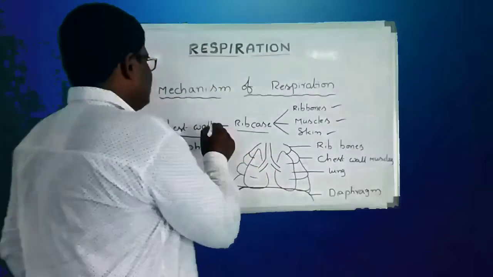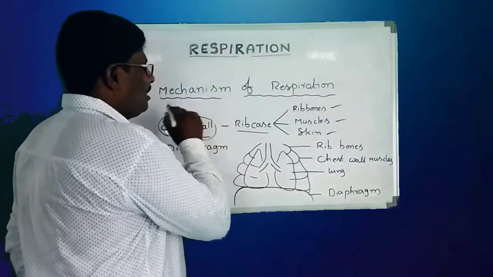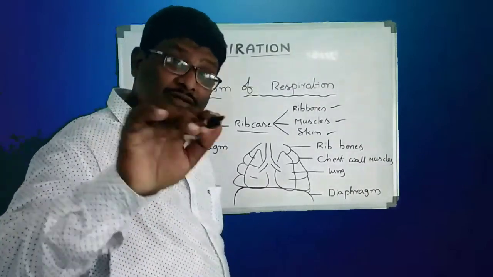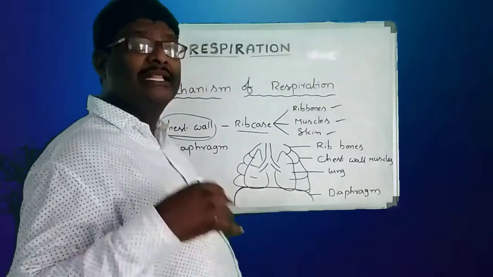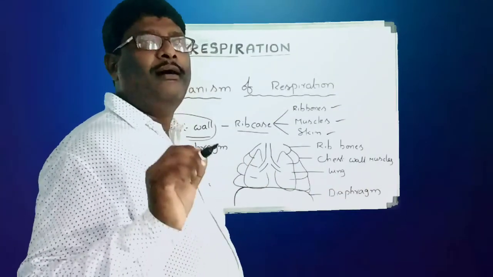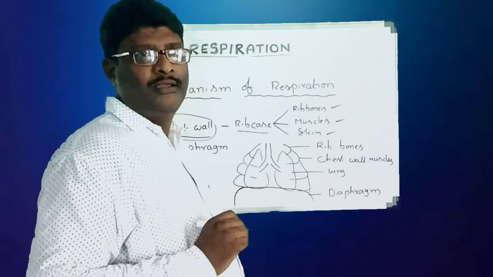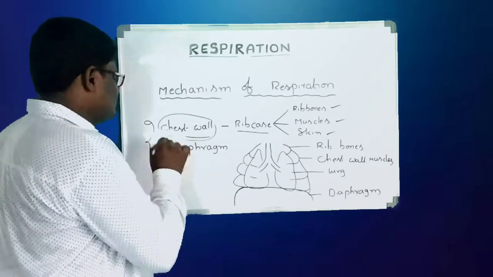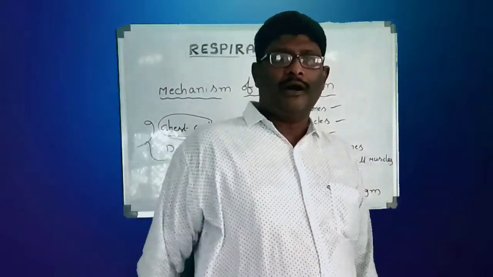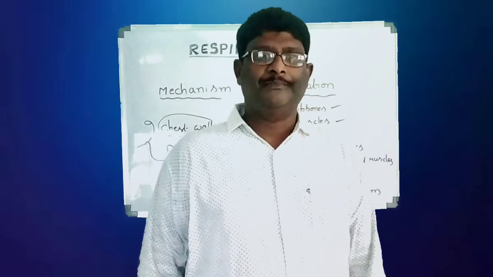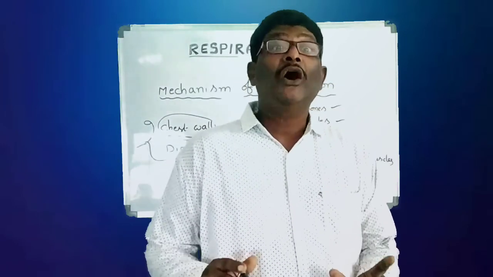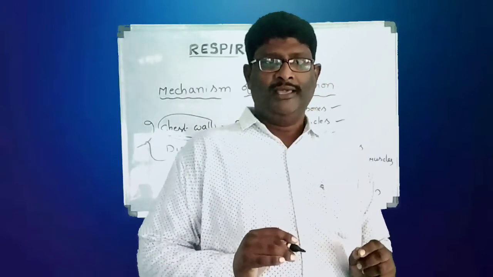So the chest wall is the main part that participates in inhaling and exhaling the air, and the diaphragm is another part that participates in the process. So these both are additional parts that participate in the process of inhaling and exhaling the air along with the lungs. Okay.